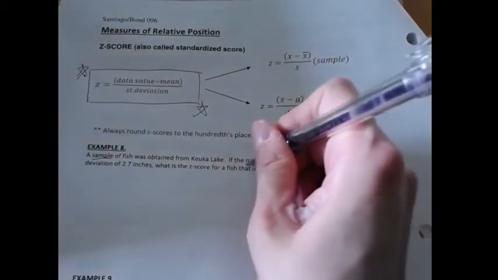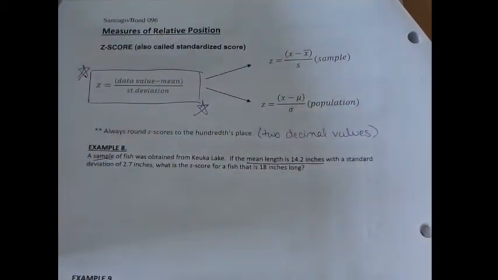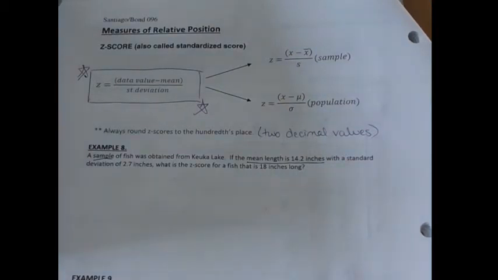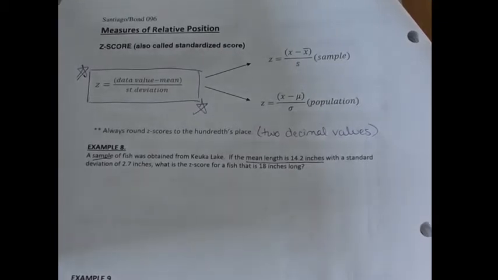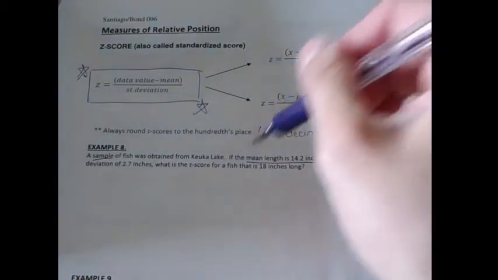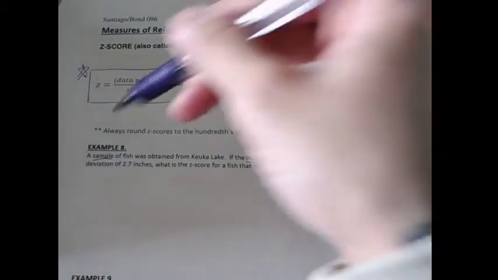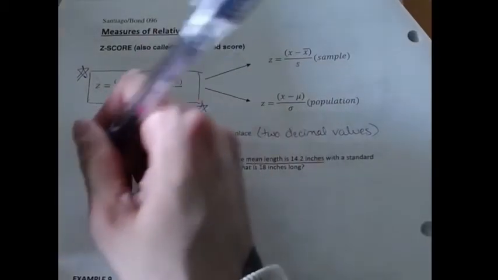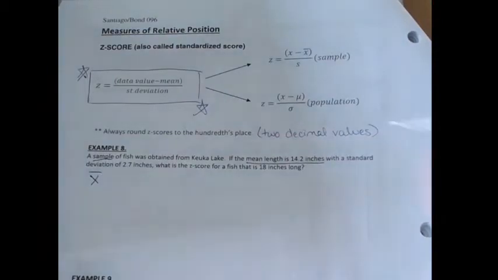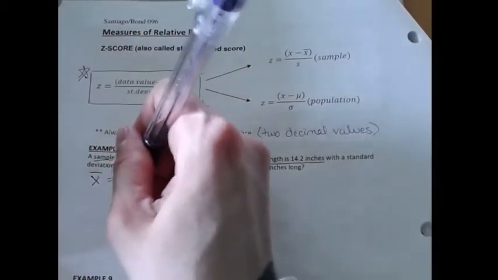If the mean length is 14.2 inches, by the way, as I work through these problems, I'm always either underlining or writing pieces of information down just so that I collect all of that and keep it organized. So for instance, when I see mean length is 14.2 and I know I'm talking about a sample, I'm going to write that the mean x bar is 14.2 inches.